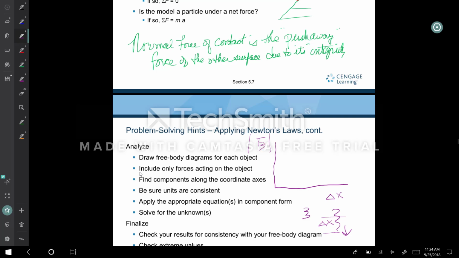We know that it's trying to restore. We get something that looks like this, a straight line, where the slope equals the spring constant. Okay? That is the regime of ideal spring behavior. Now, at some point, as those coils start to become distorted, the metal starts to curve more as it bends.